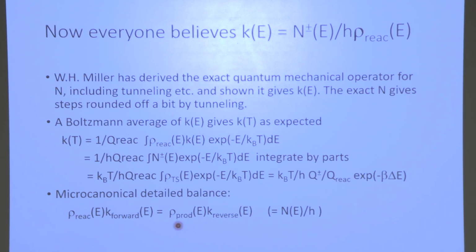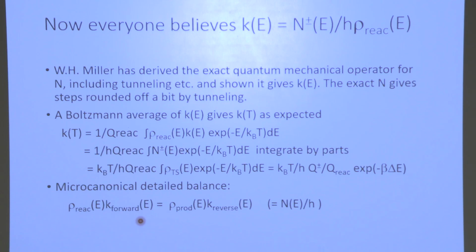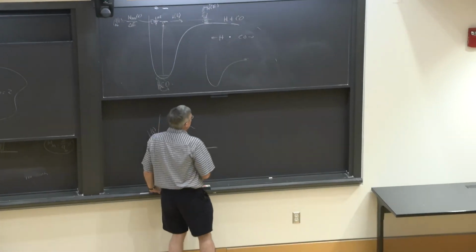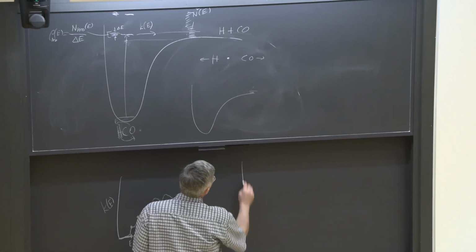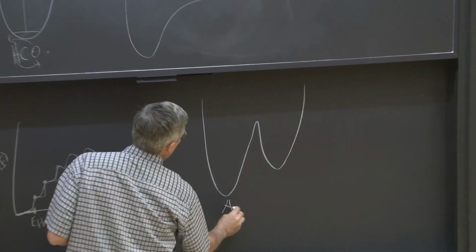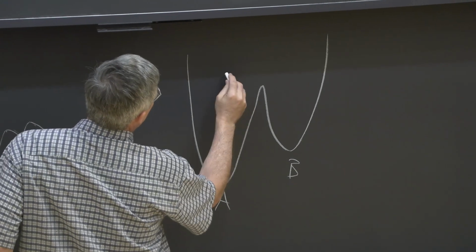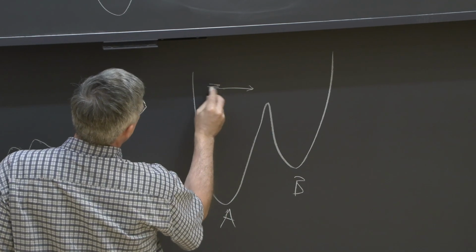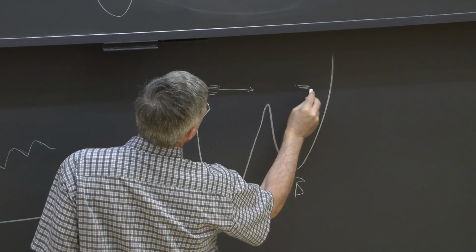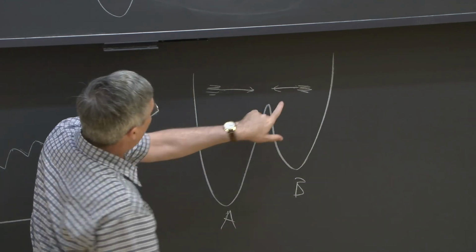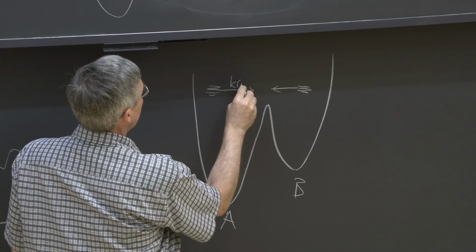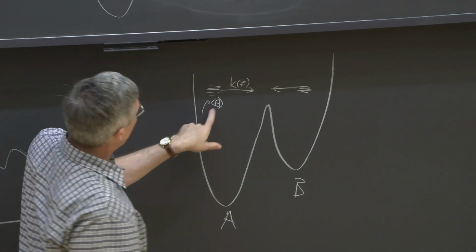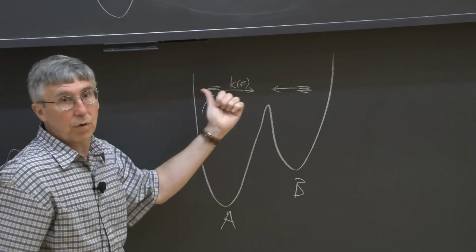And you get extra facts out of this. If I have an isomerization reaction, A and B, if I can compute the k of E here, and I know the density of states here, then I can do the same thing on this side, and the product of rho times k in this direction has to equal rho times k in that direction.